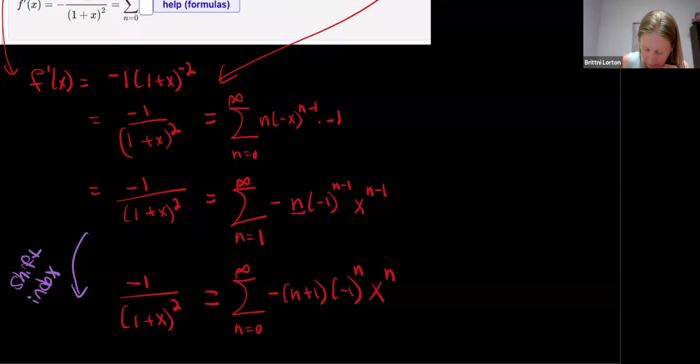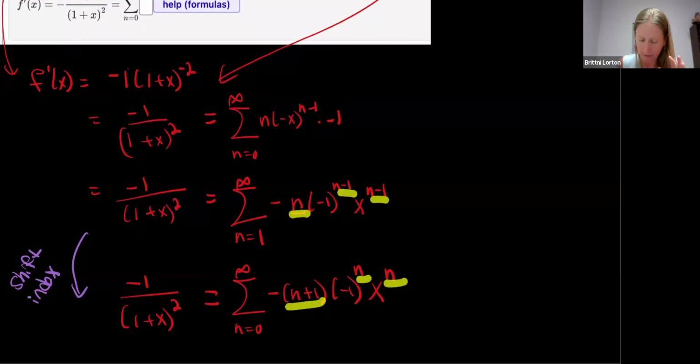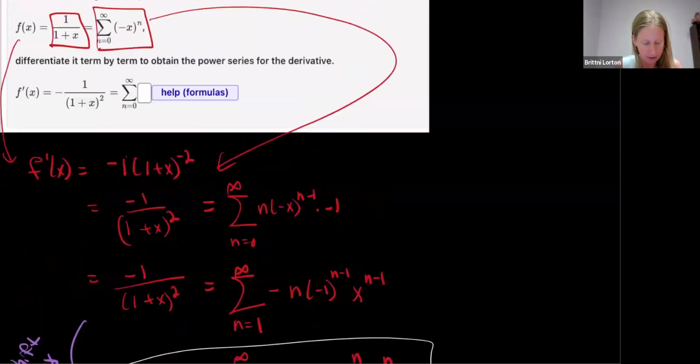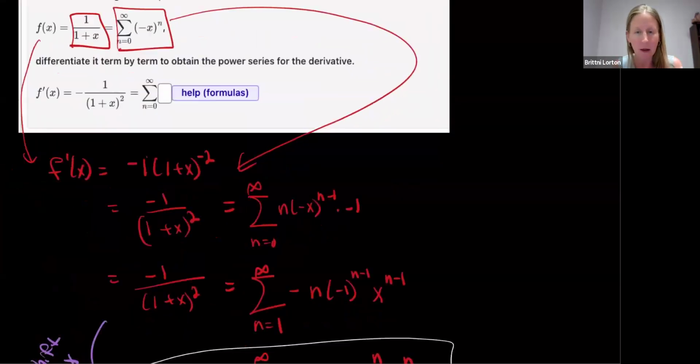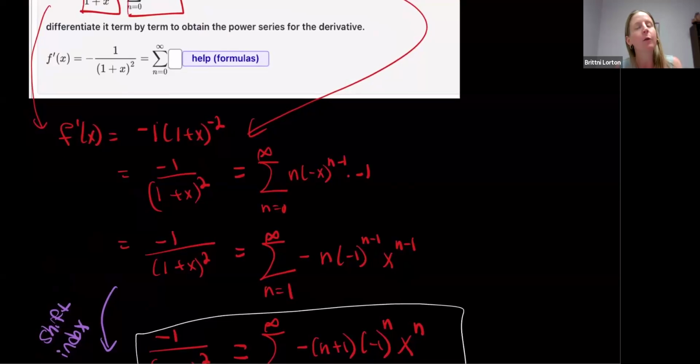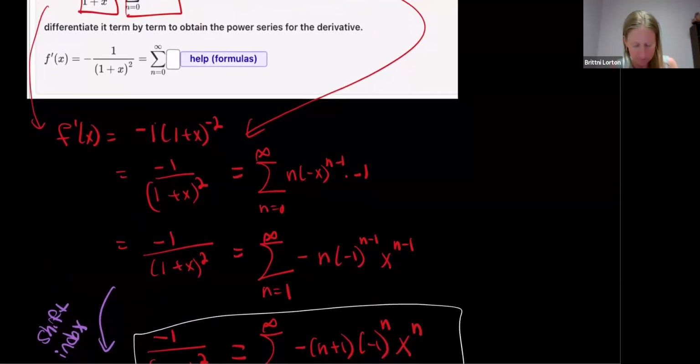Each one of those guys went up by 1, everything else stayed the same. Ta-da! Okay, so that is the power series representation for that function. You can see that it didn't ask for an interval of convergence. That would be another step that you could do. This was geometric, so the interval of convergence started off with x being in between 1 and negative 1.